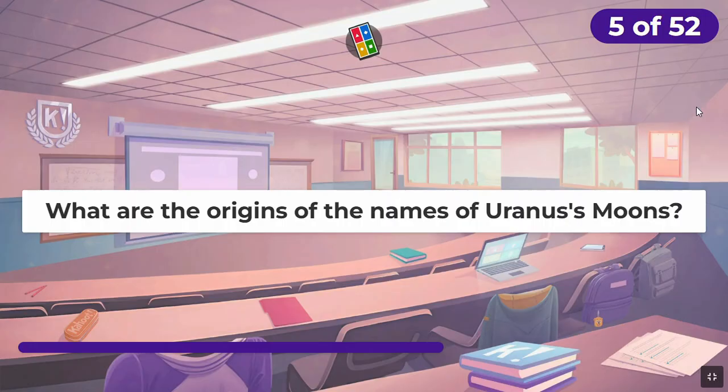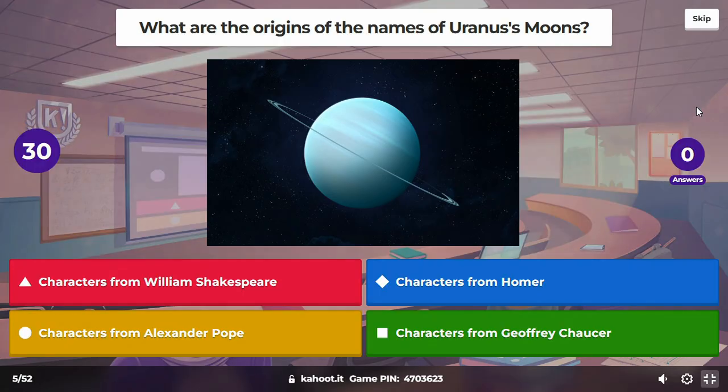So if we remember back to learning about Uranus's moons, there were different names for the moons like Puck and Matilda. You don't necessarily need to know this, but I think it's a fun bit of trivia as to where those names come from.